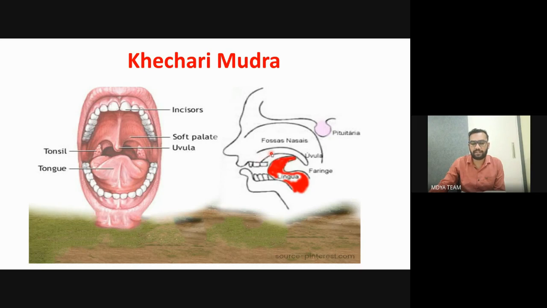In front here is the hard palate, and at the back is the soft palate, and this is the foramen in the cranium. It means you have to keep your tongue in this region. That we call Khechari Mudra.